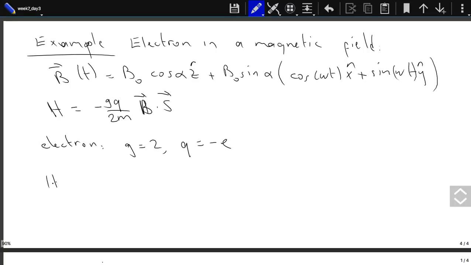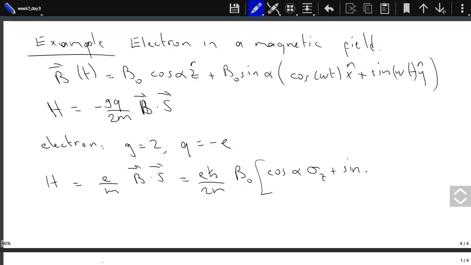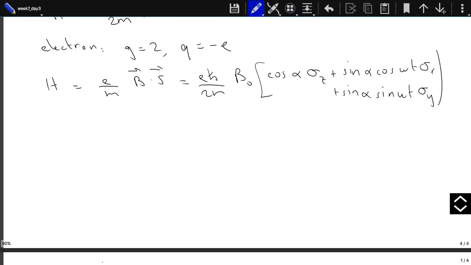So we have the Hamiltonian, which is e over m B dot S, or h bar over 2m B0 times cosine alpha sigma z plus sine alpha cosine omega t sigma x plus sine alpha sine omega t sigma y.